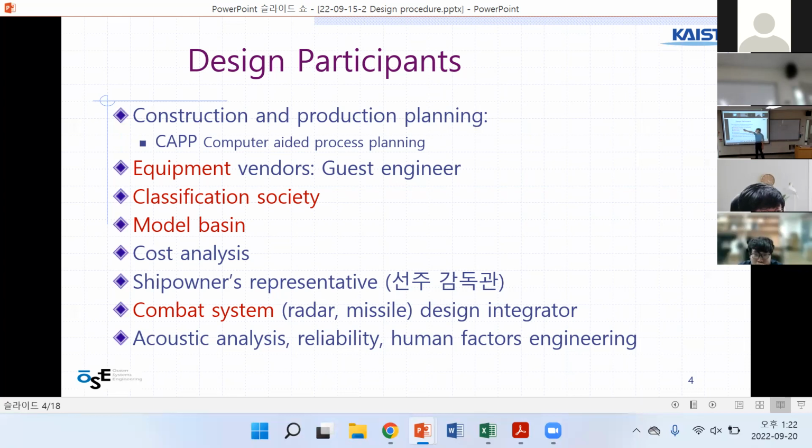We call this a model test, cost analysis important. And then somehow the owner needs to check. For my home building, sometimes I go visit there to check whether this is going well. But I can't stay all the time. So instead of myself, I may give somebody else who can stay there to check the building.